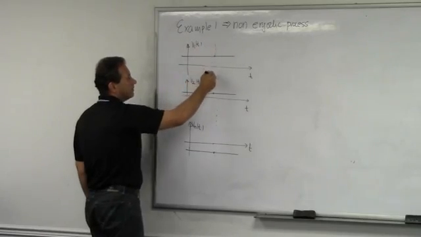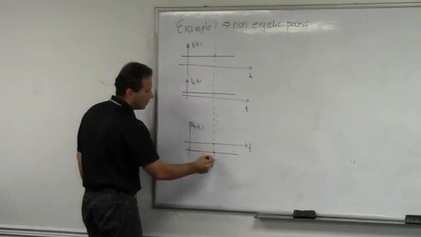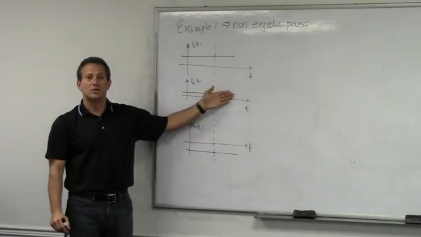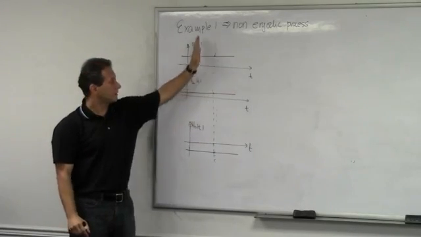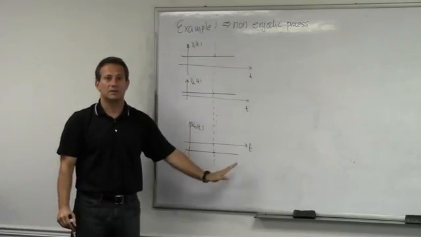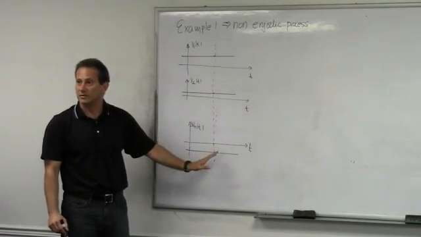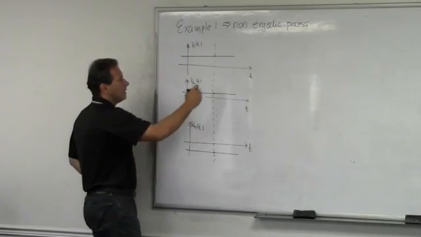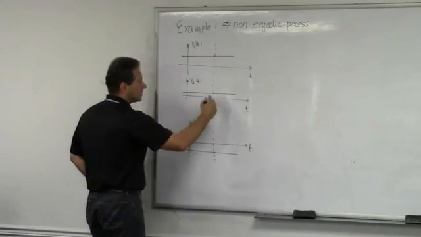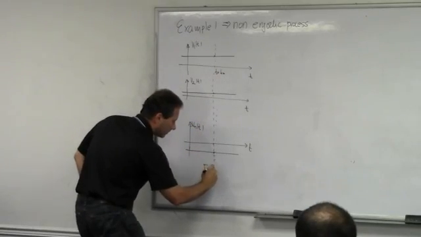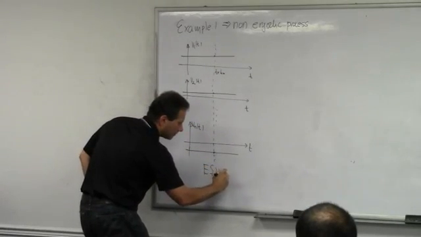If I fix time, first of all, is this process stationary? Does it change over time? No. If I fix time at any place, I'm going to get the same statistics across all of these amplitudes, right? Now, if I look at this time, t equal t0, what is the expected value of v?